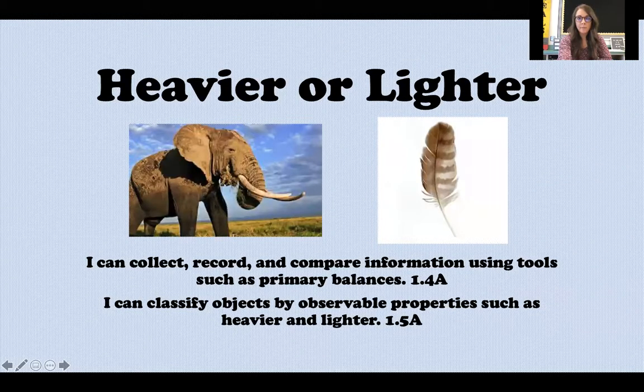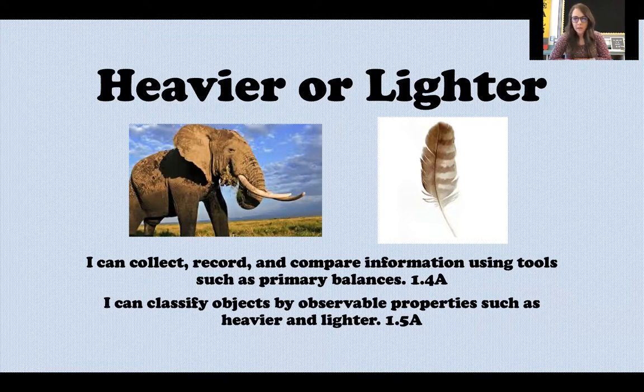All right, so first, we are going to talk about some things. This says heavier or lighter. And then I have a picture of an elephant and a picture of a feather. So you might be wondering, Miss Seals, how do I know if something is heavier or light? And here's how you know.